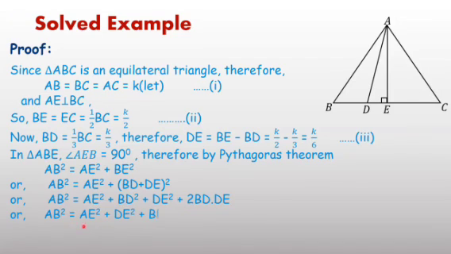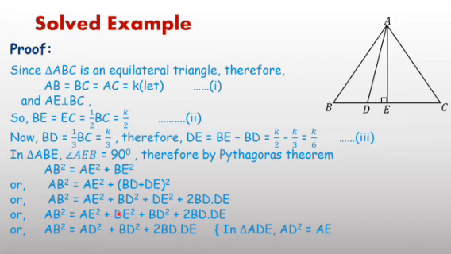Now next step: AB square equals AE square plus DE square, write together, BD square plus 2 BD into DE. Now concentrate on AE square plus DE square.